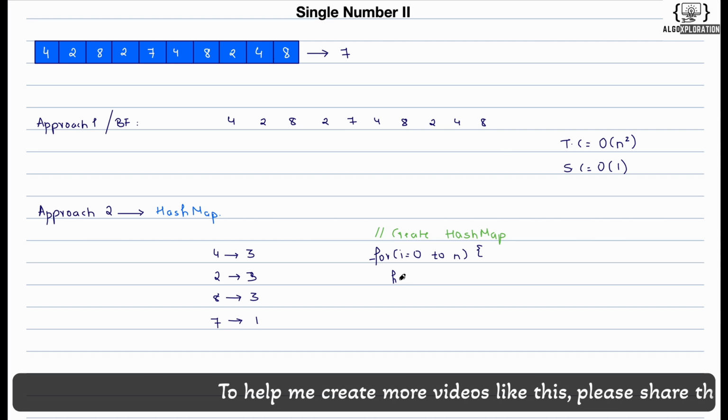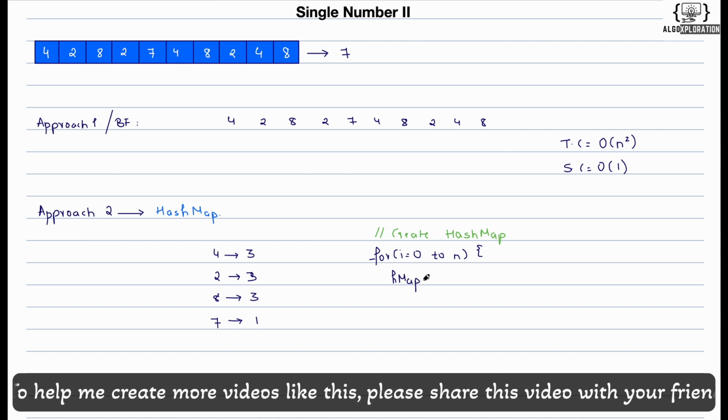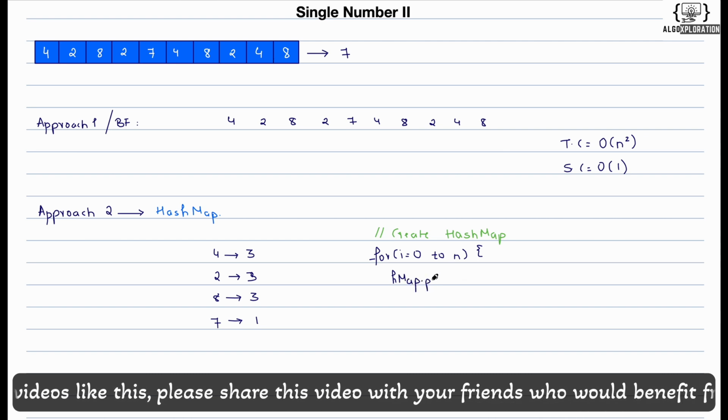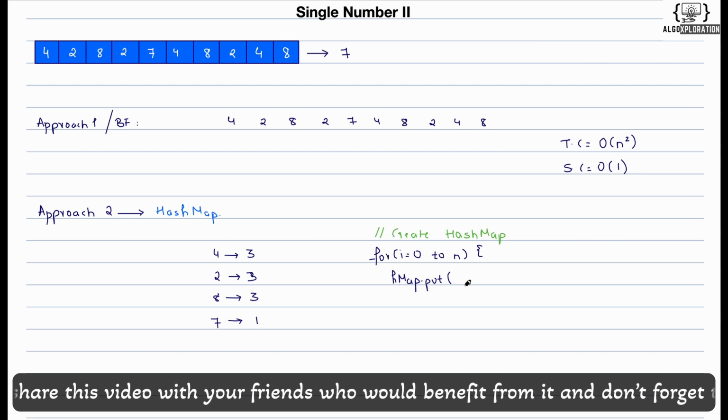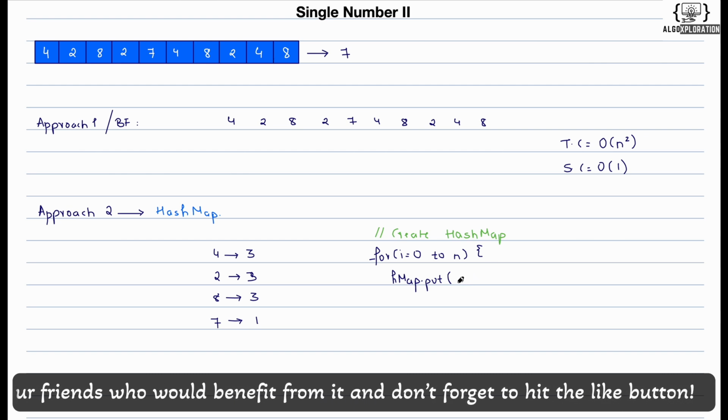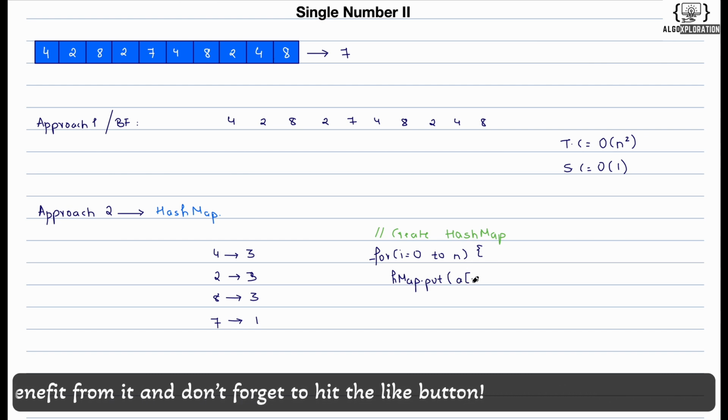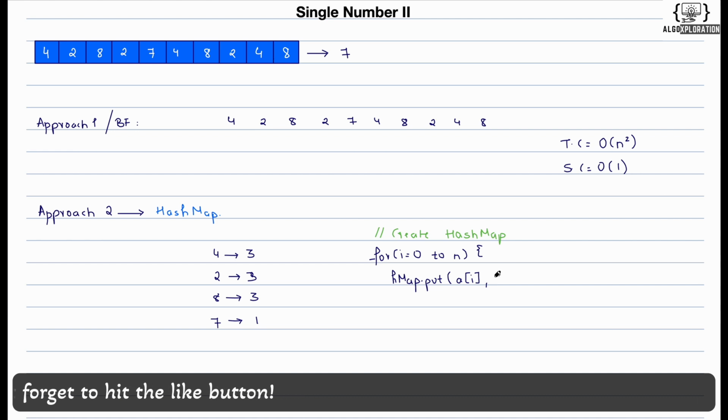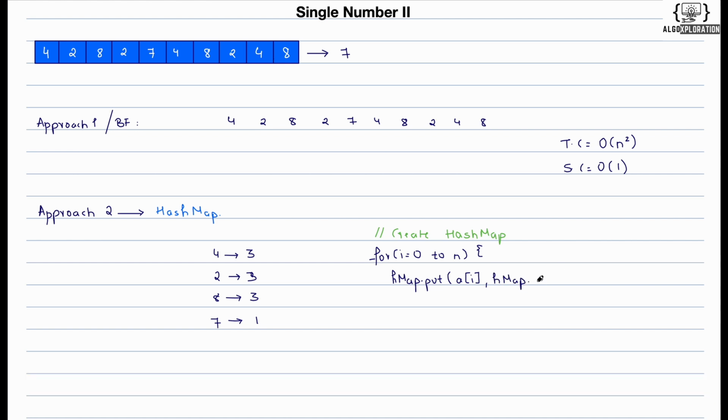The name of the hash map is hmap dot put. Here I'm going to use the getOrDefault method: a of i comma hmap dot getOrDefault. If you don't know what getOrDefault is, you can Google it.